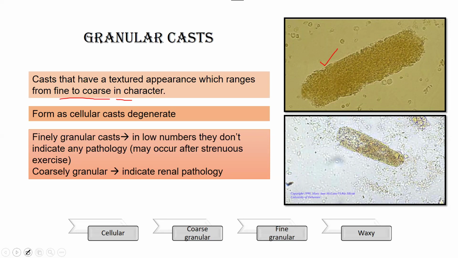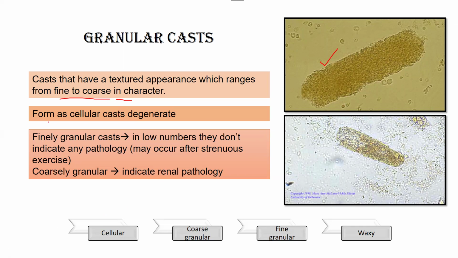You can only differentiate by these casts being colorless. The trickiness will appear if the urine sample has increased bilirubinuria, because increased bilirubin in urine is going to give these casts a brownish color, so it will be difficult to distinguish, but still they look similar.